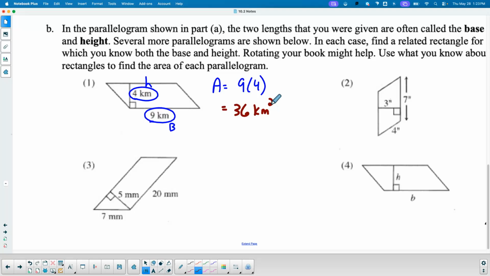What's the base and what's the height in number 2? 7 is the base and 3 is the height. What's the base? What's the height in C? 20 is the base, height is 5.